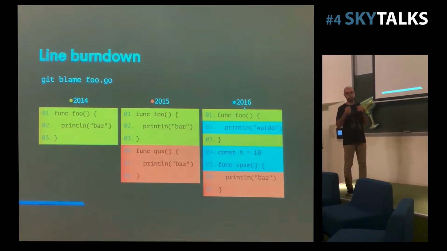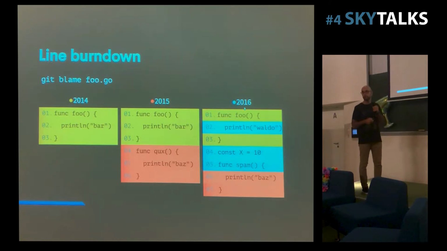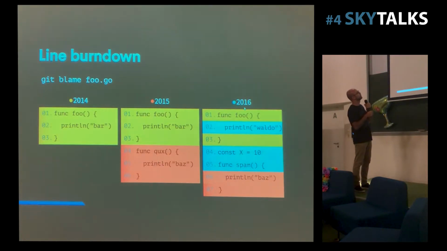And for simplicity, in 2015, you have a first change in your file, and you add another function. And you record how many lines are still not overwritten and which were created in 2014, right? So 3 lines were created here, and still 3 lines are not overwritten by 2015.